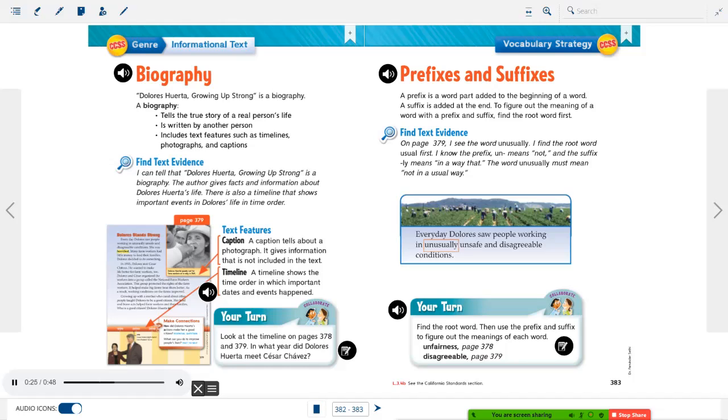I find the root word usual first. I know the prefix un means not, and the suffix ly means in a way that. The word unusually must mean not in a usual way. Every day Dolores saw people working in unusually unsafe and disagreeable conditions.